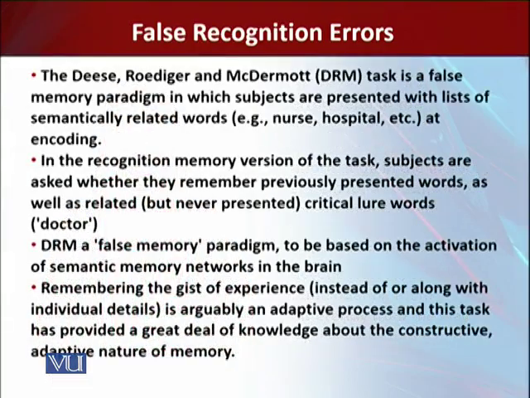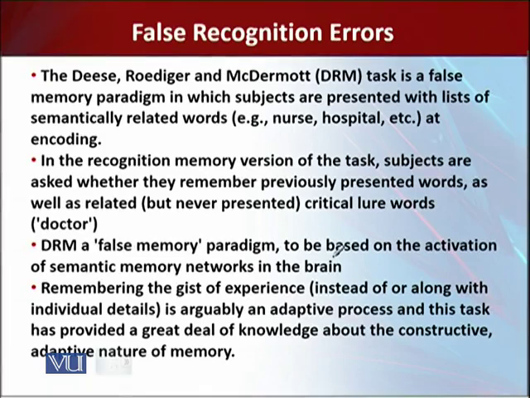Now we will look at the theories proposed by a number of researchers with regard to false recognition errors. The most famous is the Deese, Roediger and McDermott DRM task theory. In fact, this is the third category in addition to false hits, which can also be called false alarms.